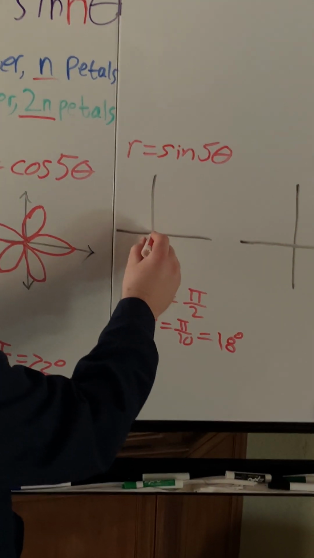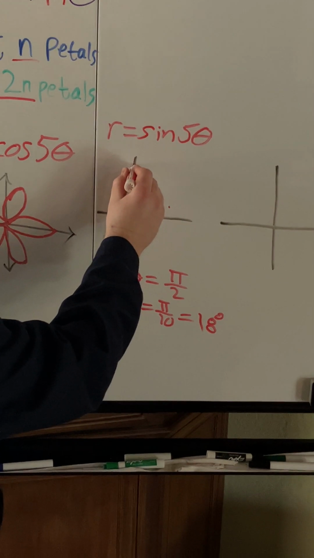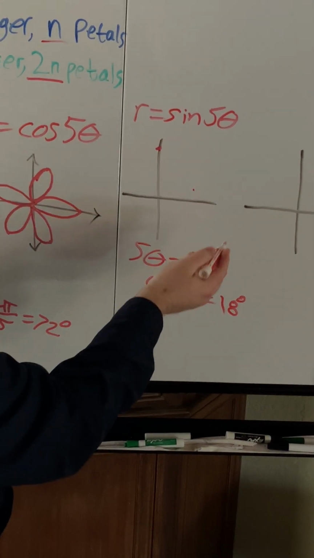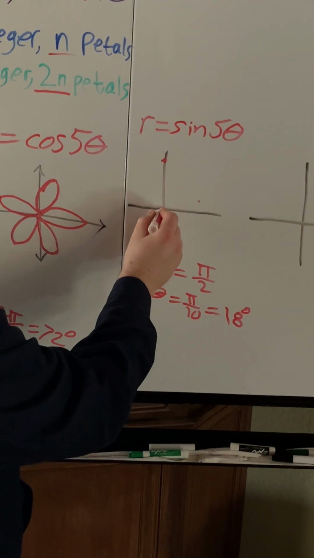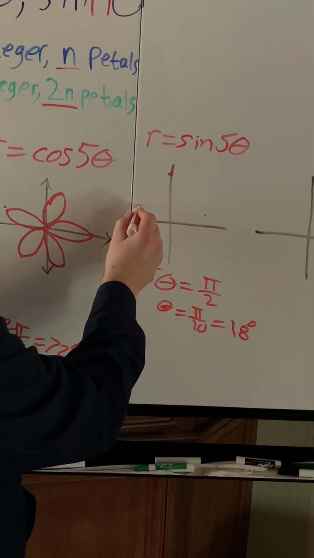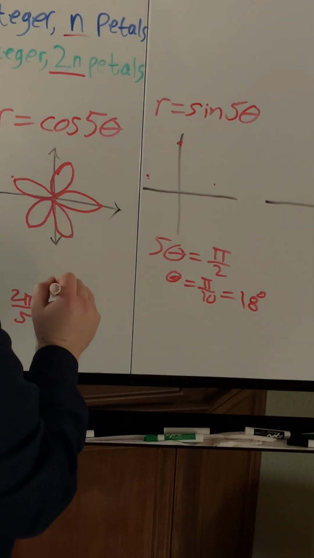So we're gonna have one at 18, but then we're gonna have one at 90 in this case. Then we're gonna go another 72, which will take us to this same reference angle on the other side, right?